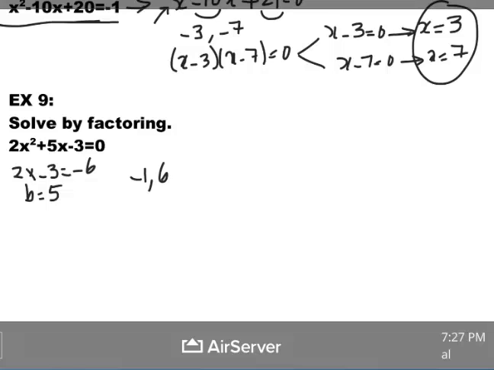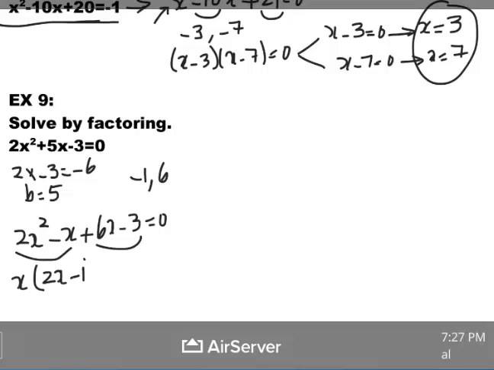So I can write the above as 2x squared minus x plus 6x minus 3 is equal to 0. Now I can factor between these two. I can factor x out, so I get x times 2x minus 1, plus, for 6x and minus 3, I can factor 3 out.